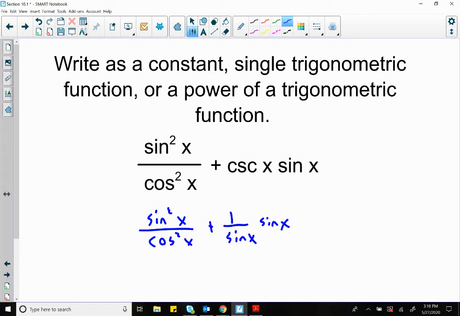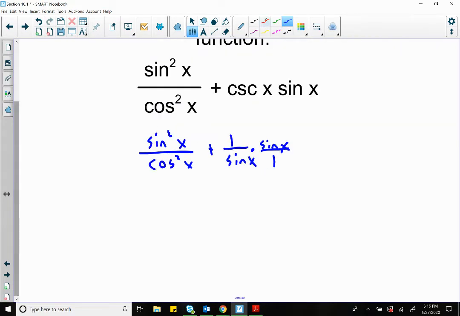Now we're kind of getting somewhere, right? Because these are just two fractions that are being multiplied. Remember that the sine is over 1. So what's going to happen over here? Well, everybody cancels out, and you're left with the number 1.